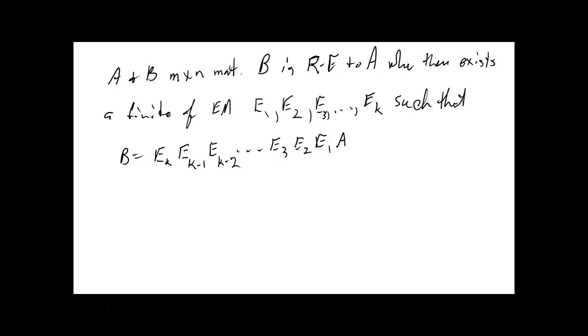Because the elementary matrices, the first one multiplied by A gave you an M by N matrix. Multiply that by the second, by the third, keep going until you got B. Okay? That's another definition of row equivalence.